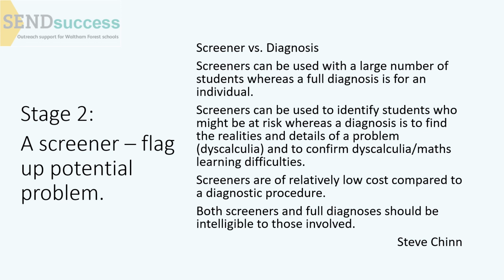Deciding on whether to follow the route to a full diagnosis, it can be helpful to consider the reasons behind requiring it. For example, getting a diagnosis may be needed for the student to access extra funding in an education and healthcare plan, or accommodations made in exams, or the disabled student's allowance.